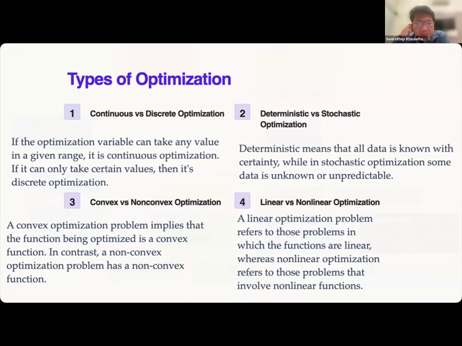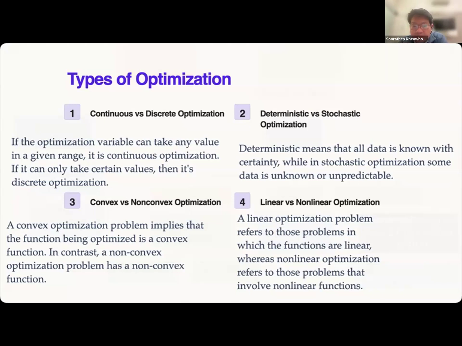If the optimization variables or decision variables can take any values in a given range, can take real numbers, we call it a continuous optimization problem. If it can only take certain values, I mean integers or particular numbers, we call it a discrete optimization problem. It's discrete, it's not continuous.